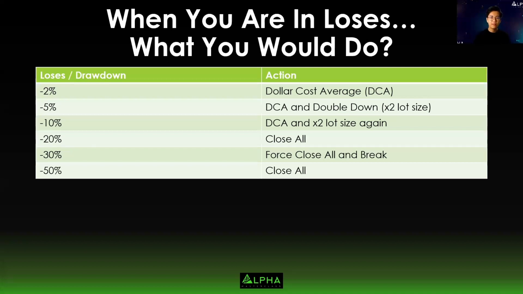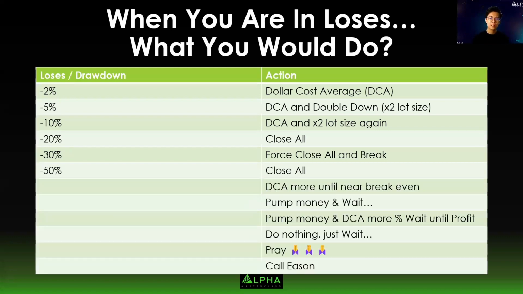Okay lah, you don't believe me, then I give you a choice. 50% drawdown, what can you do? I tell you, you can close all. Don't listen? I give you a second choice: dollar cost average, buy more until break even, only then you close. Or you can sell, doesn't matter. Or 3, don't do anything, just pump in money and hold until it breaks even. Number 4, pump in more money, trade even more, wait until it's in profit, only then close. 5, do nothing, just hold.